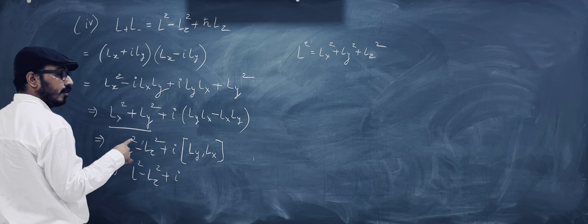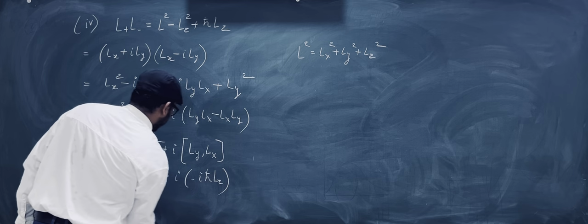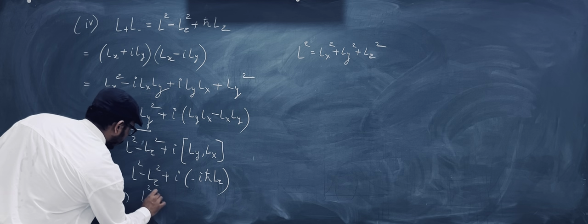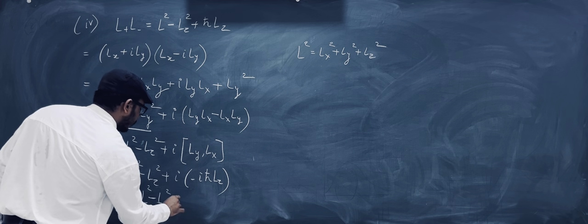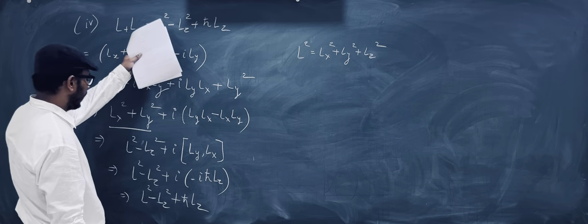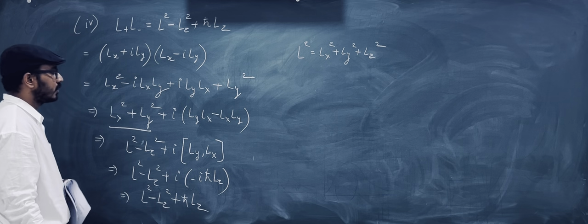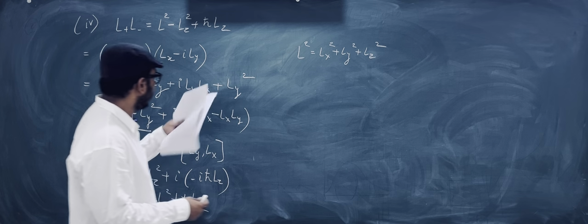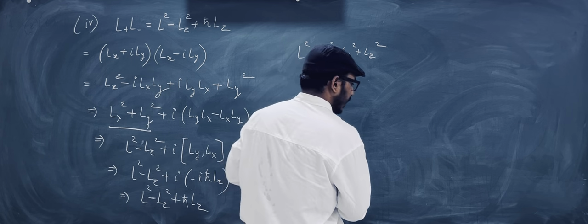Lx Ly is I h cross Lz, so it's minus I h cross Lz. So this is L square minus Lz square, minus I square is plus 1, so plus h cross Lz. So we have proved that this thing is equal to L square minus Lz square plus h cross Lz. Very easy. 20 marks for this. There are 4 identities, तो सबके मिला के 20 मार्क्स आपको मिलेंगे.